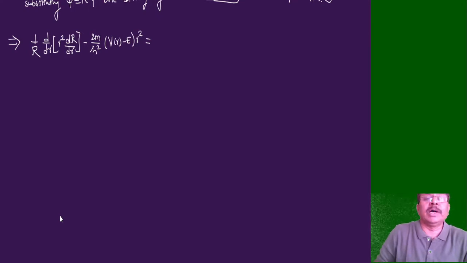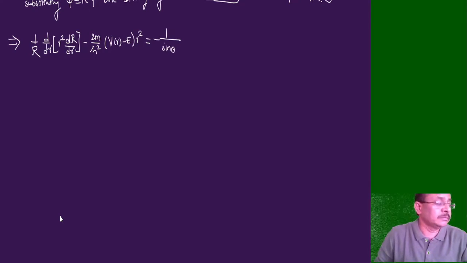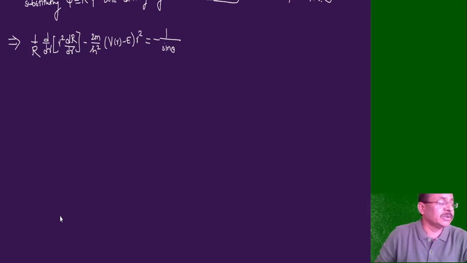The right-hand side becomes minus 1 upon sine theta, then 1 upon capital Y, just like R comes here, into partial derivative with respect to theta.